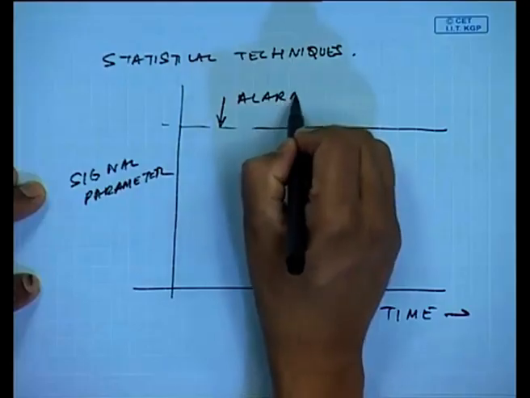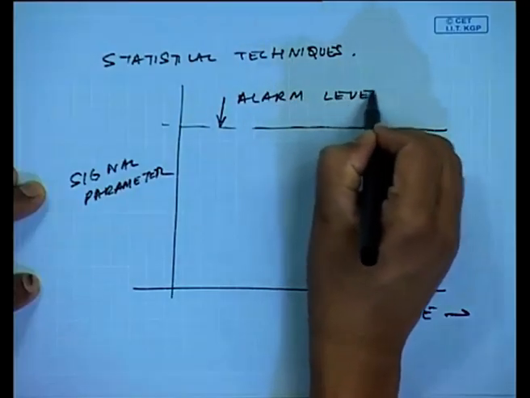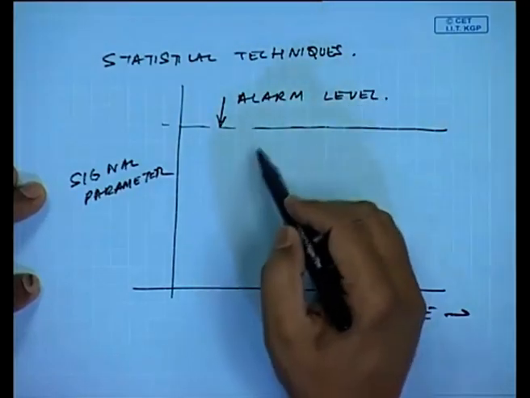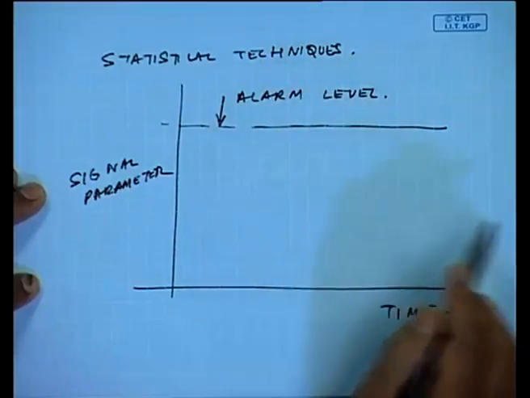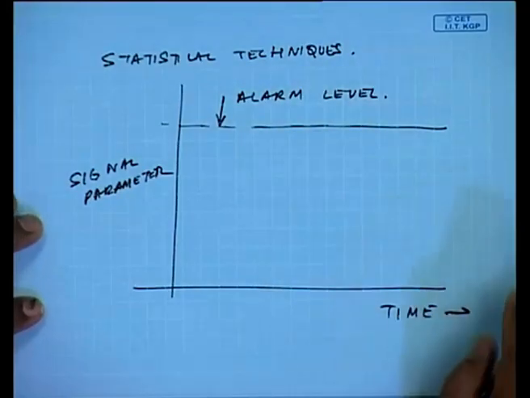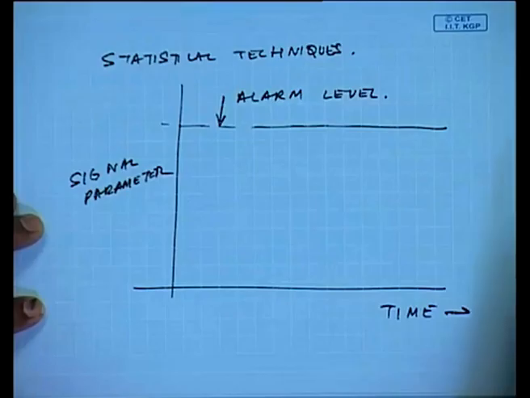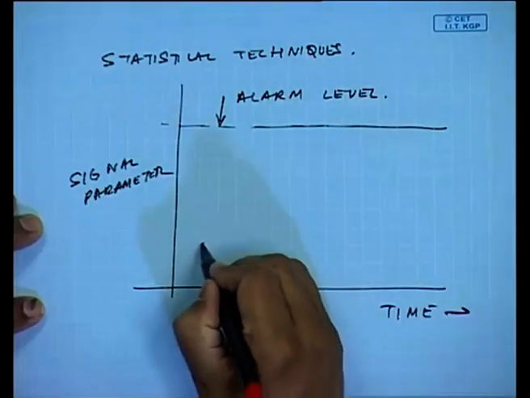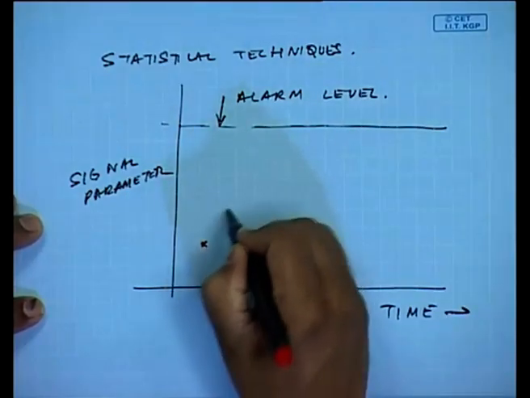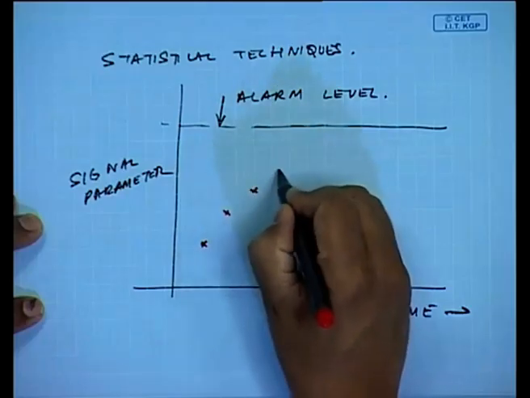That means if the signal increases beyond this level, I will be alarmed about the condition of the machinery. For example, suppose I have measured with time that these are the conditions of my signal.